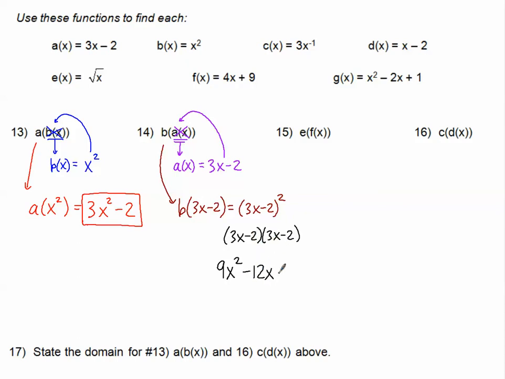And then my last terms are plus 4. If you want to show a middle step there and then combine your like terms, that's absolutely fine as well. But that's that composition, b of a of x. And clearly, these are not the same things. They are not the same thing. So a of b of x is not the same thing as b of a of x.